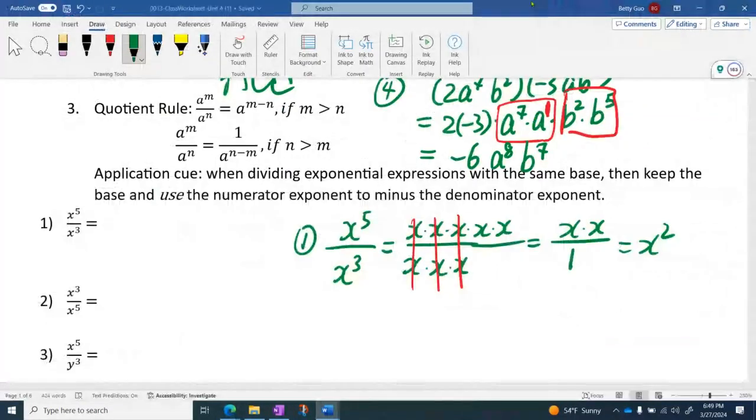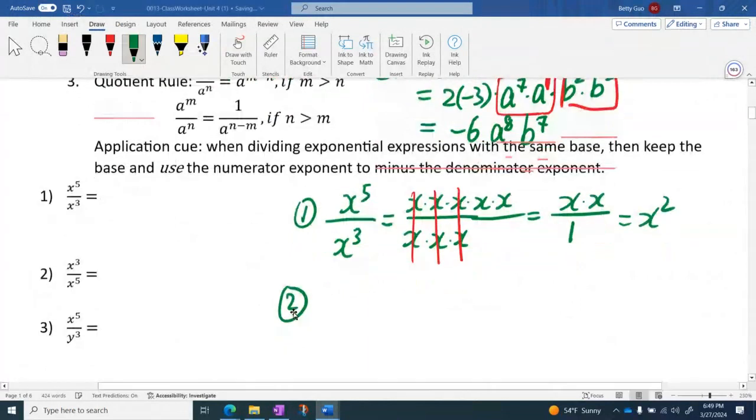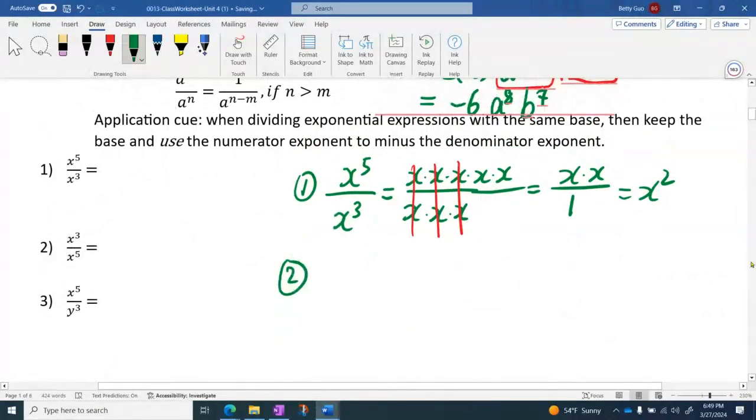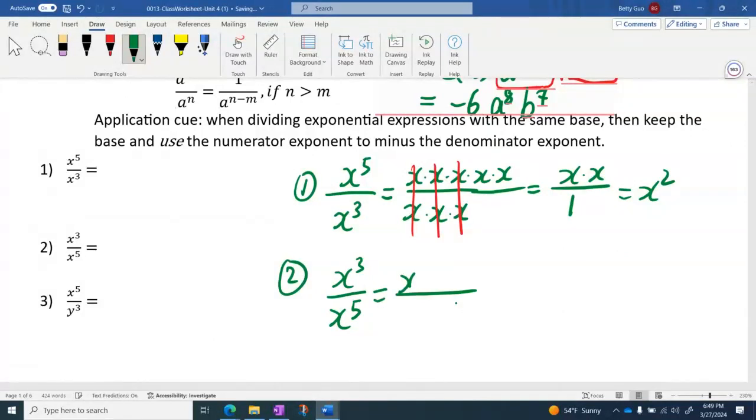All right. Now I'm going to work on the second question. Use the same definition. The second question is a little bit different, but very similar to the first. The numerator and denominator are interchanged. Let's see how we do this. Numerator x cubed, 1, 2, 3.